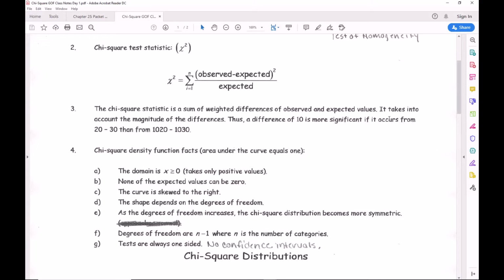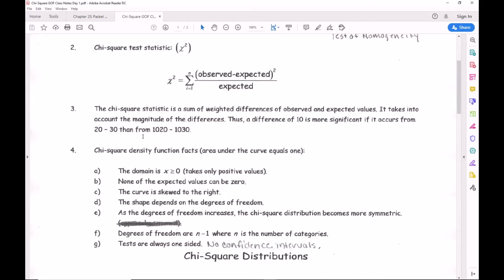So what we end up with is a sum of weighted differences of observed and expected values, and the weighting is going to take into account the magnitude of the differences. So imagine that observed minus expected has a difference of 10. That's a more meaningful value if observed is 20 and expected is 30 than if observed is 1,020 and expected is 1,030.